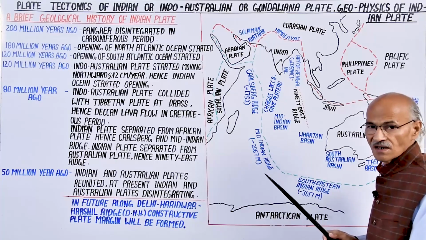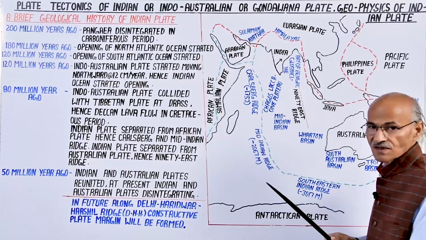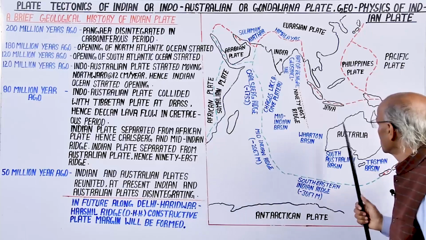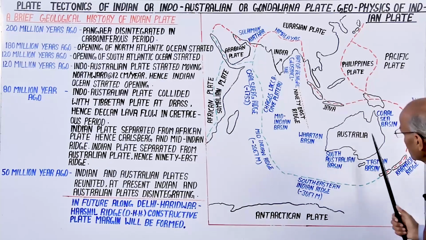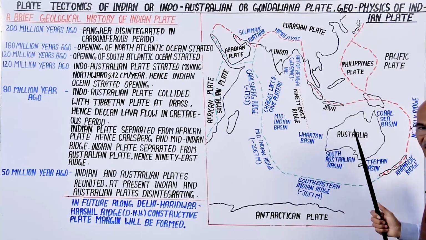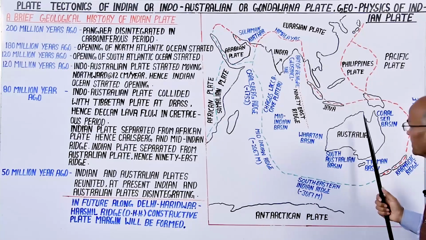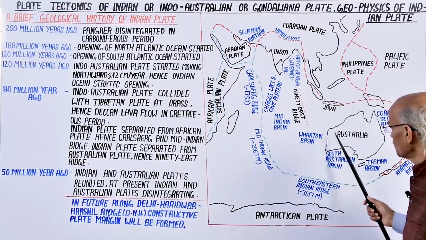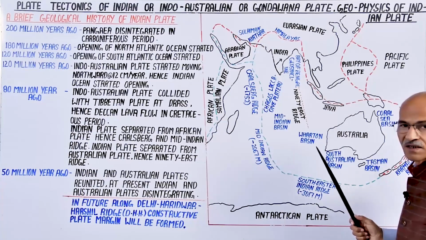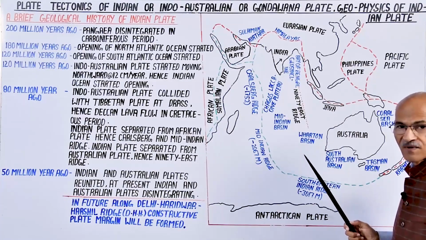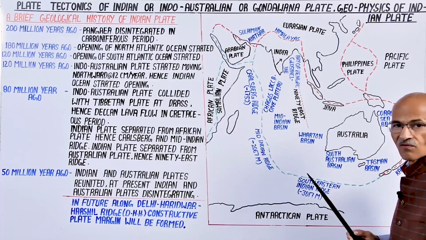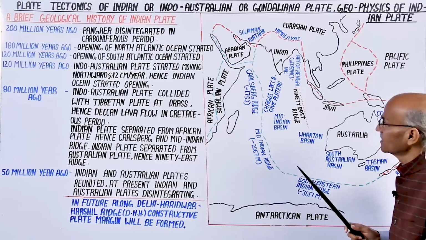That's why in India there are chapters studied by students like earthquake and volcano. Contrary to it, this Australian continent or country does not have a plate margin, destructive or constructive, close to the coastline. That's why there is no chapter in the geography of Australia like volcano and earthquake.